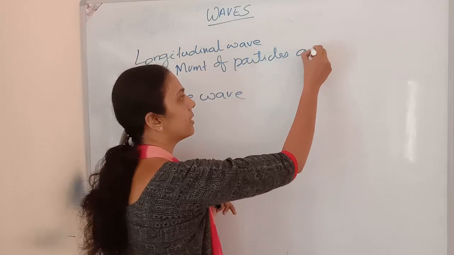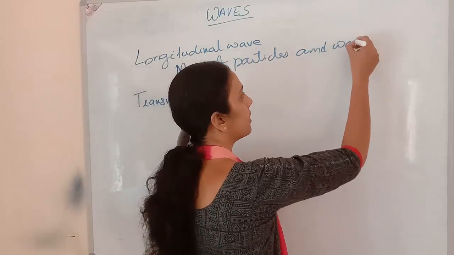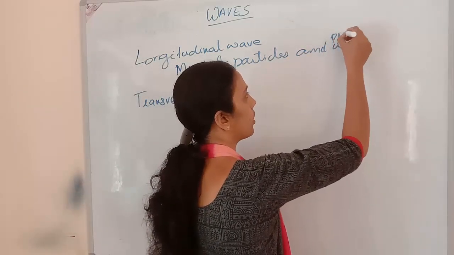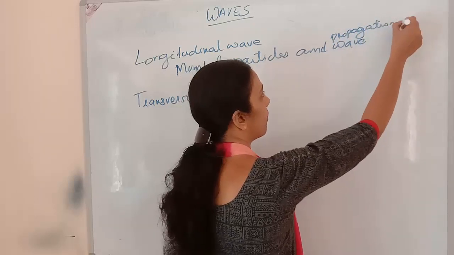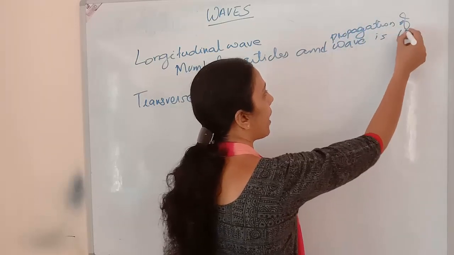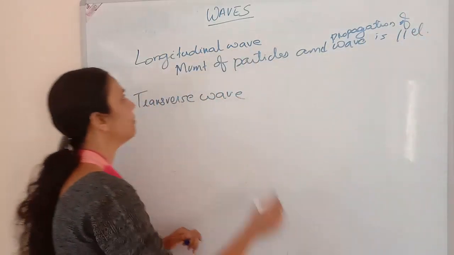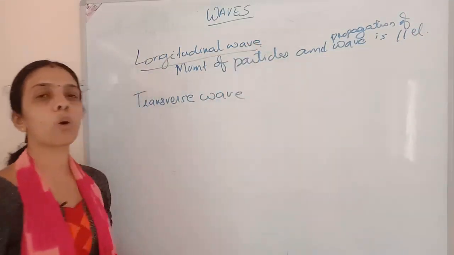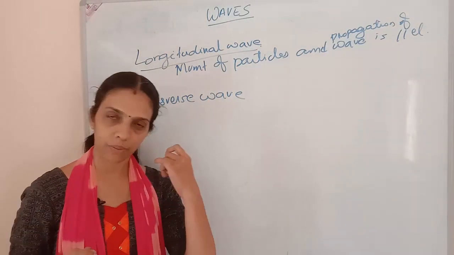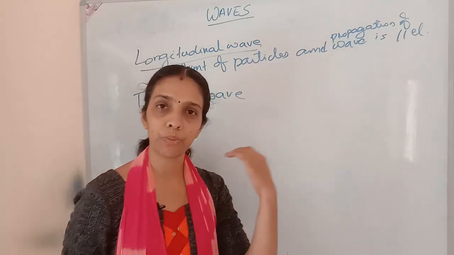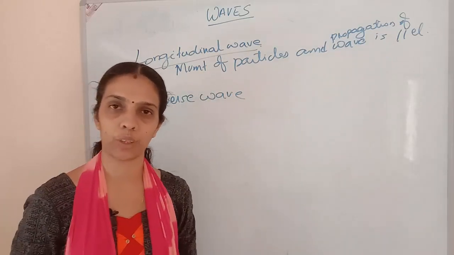So the movement of the particles and the propagation of the wave are parallel to each other, then we can say it is a longitudinal wave. In a fluid, while we are giving a force in this direction, waves are also forming in that direction only, isn't it?